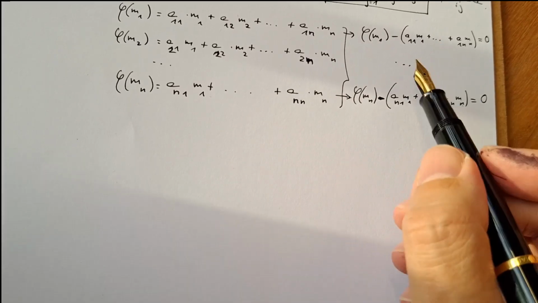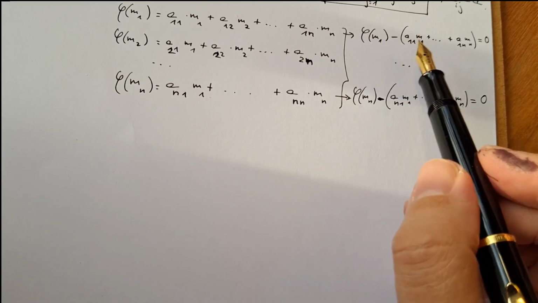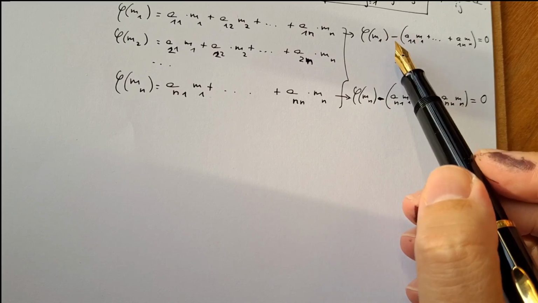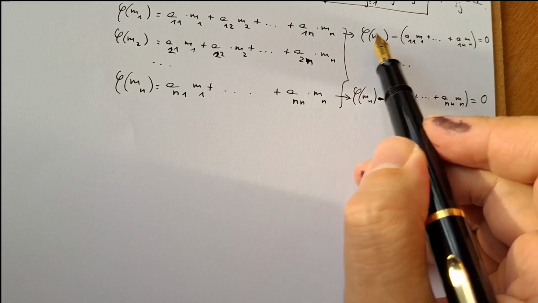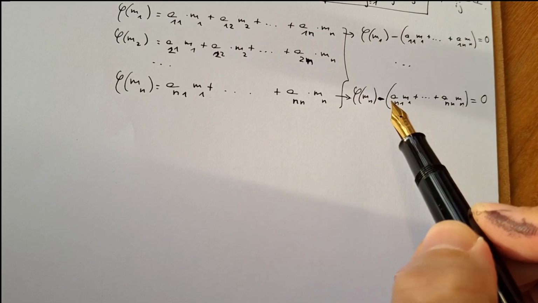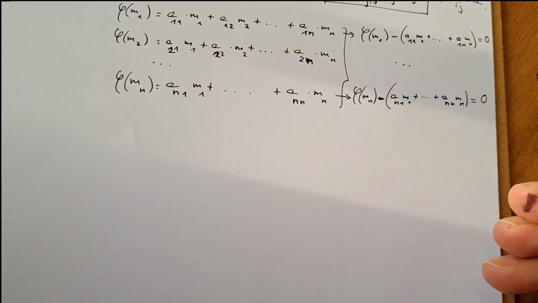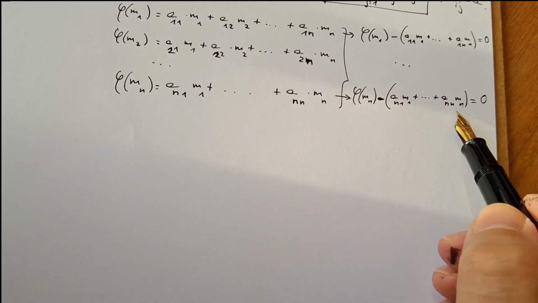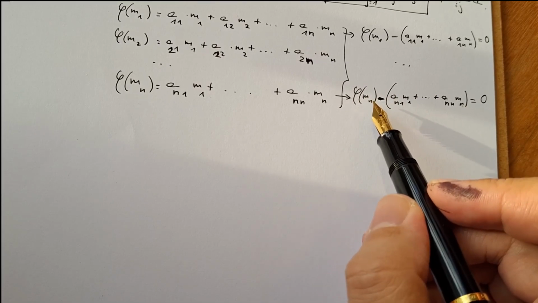Now the idea here is that we can group all the terms that have m sub i for each row i. At the first row we group all the terms which have m sub 1, at the second row all the terms which have m sub 2, and at the n-th row all the terms which have m sub n.